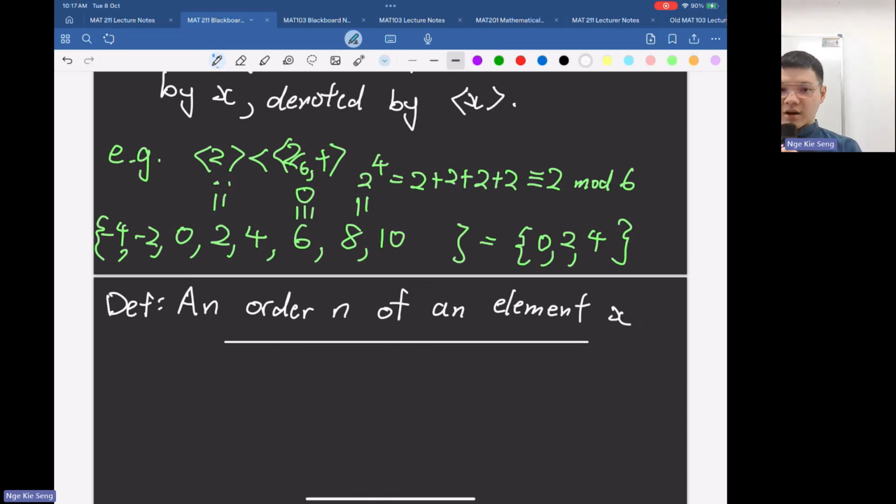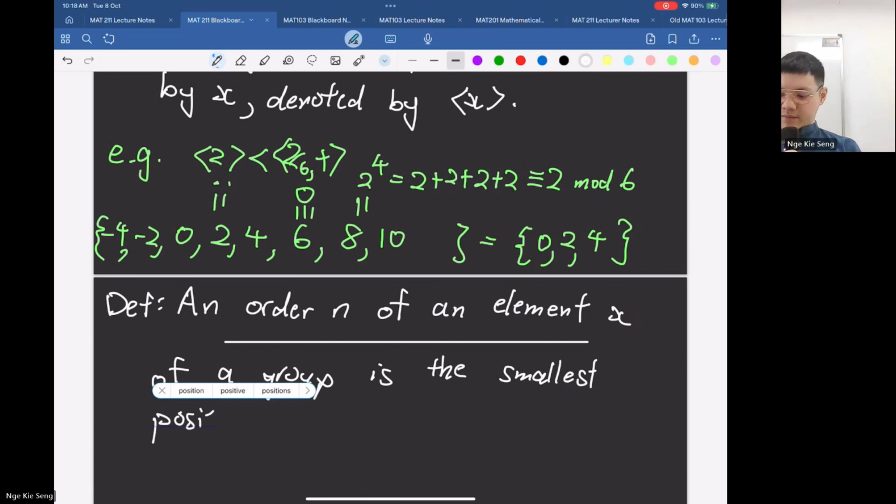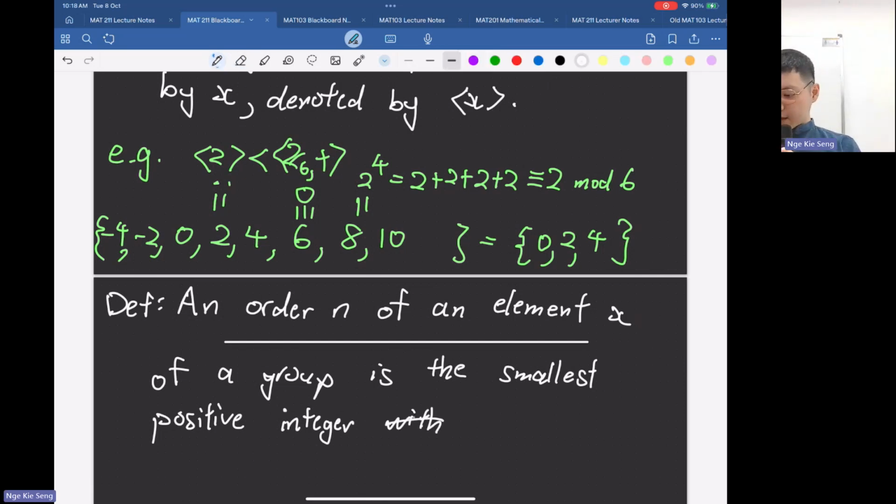So this is an element of a group. What is this order here? This is a number. It is the smallest positive integer n such that s to the n equals what?